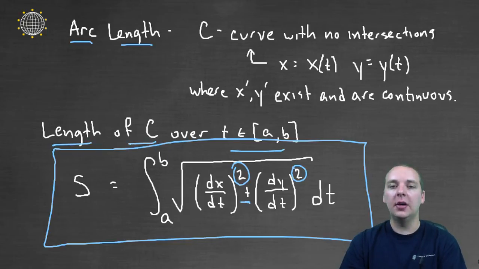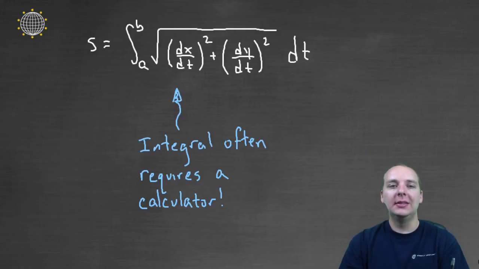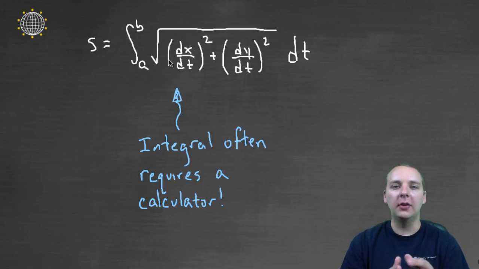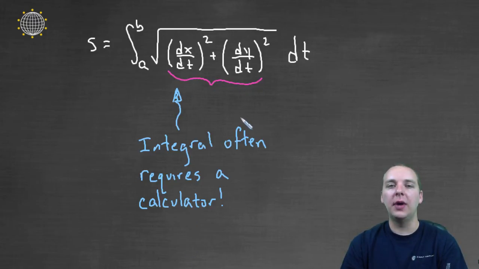Now, the last thing I'll mention in this video is the fact that this integral, unfortunately, a lot of times can't be done or can't be done easily by hand. And you can see why. You remember back in your early calculus days when you were learning integration, whenever you had an integral with a radical and something underneath, typically what you had to use was u substitution, where you chose the u to be the inside of the radical.